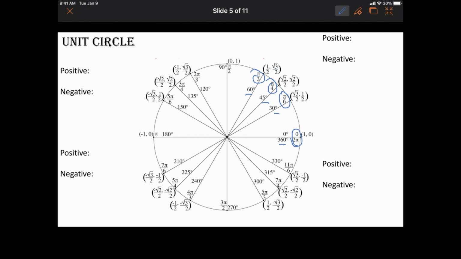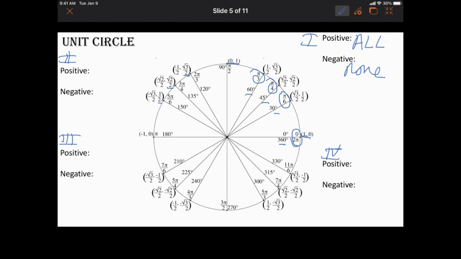This is for the first quadrant. This is the second quadrant, the third quadrant, and the fourth quadrant. So in the first quadrant, they're all positive, right? And there's none that are negative. Now in the second quadrant, remember sine is the y value. And we learned this when we found out about our points and using them for the special one.